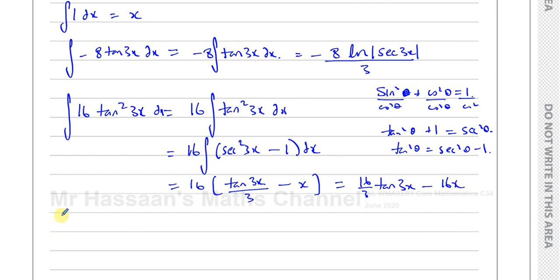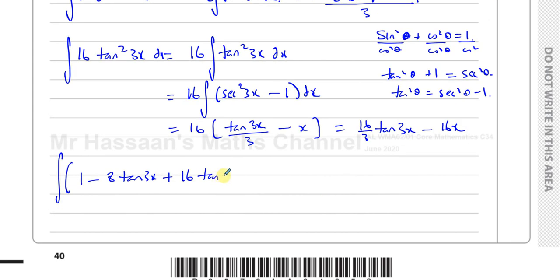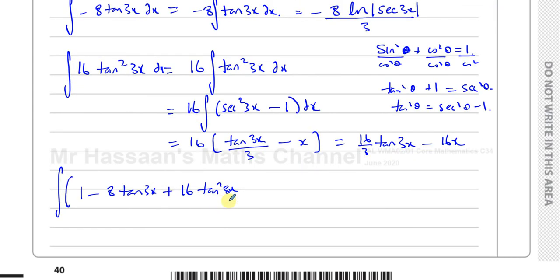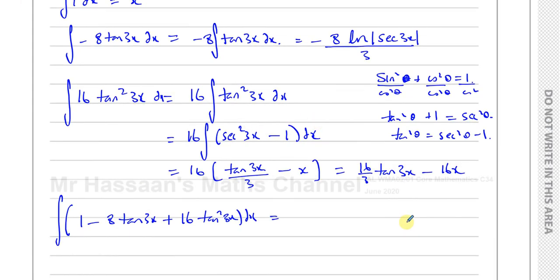So now I'm going to put them all together. The integral of what we started with, which is 1 minus 8 tan 3x plus 16 tan squared 3x with respect to x, is going to be, well, the integral of 1 was x.